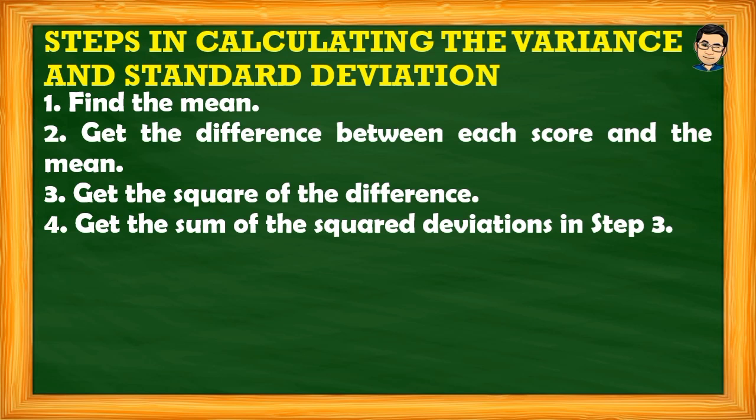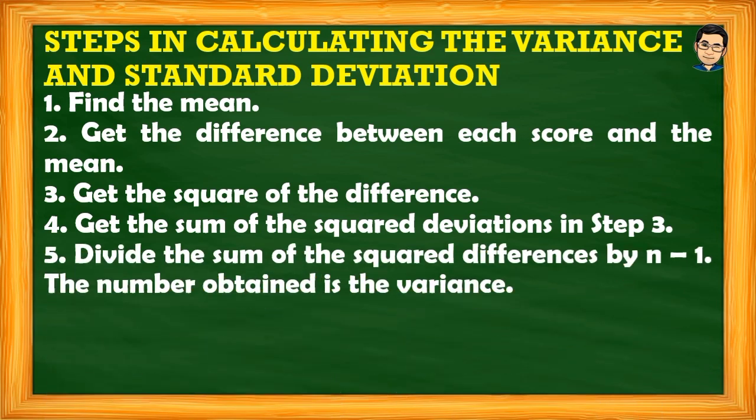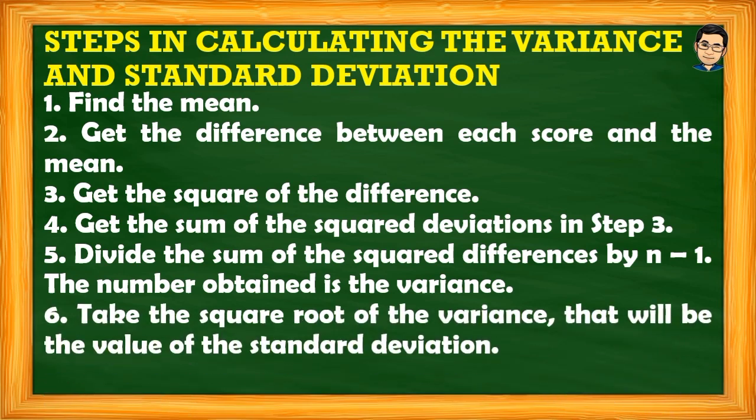Later we will go through these steps one by one and explain them using an example. And then, divide the sum of the squared difference by n minus 1. The number obtained is the variance. And then, take the square root of the variance. That will be the value of the standard deviation.